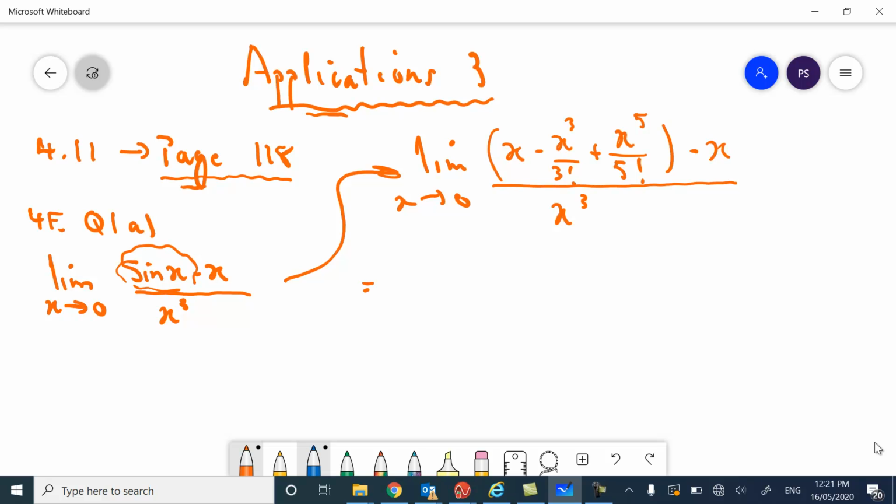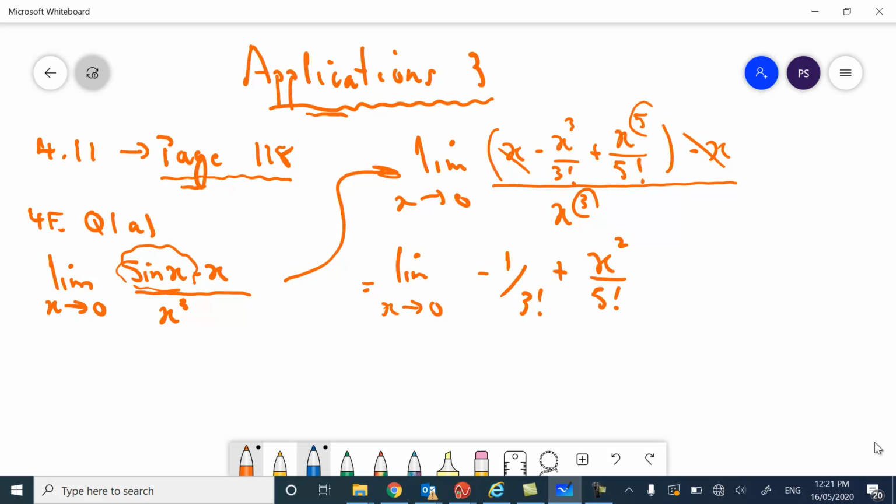So that's going to equal the limit as x approaches 0. We can eliminate that x, and we can divide by x cubed. So what I'm left with is minus 1 on 3 factorial plus, dividing by x cubed, x squared on 5 factorial.